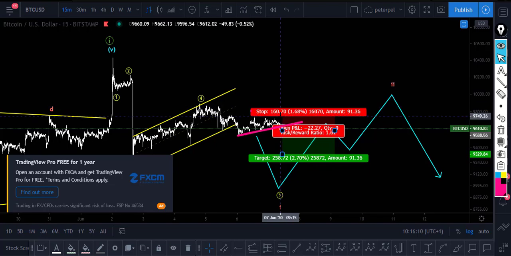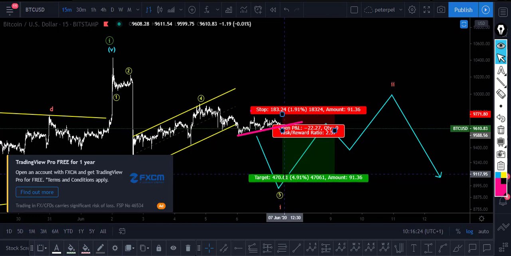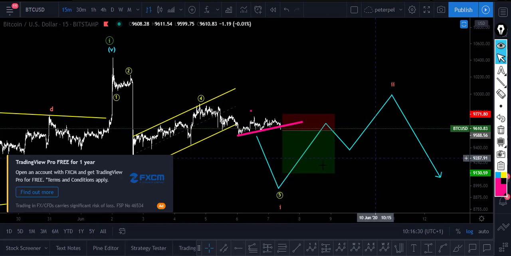So we are likely to get a nice 1:2 trade on this. Let's go for 1:2.5 on this.